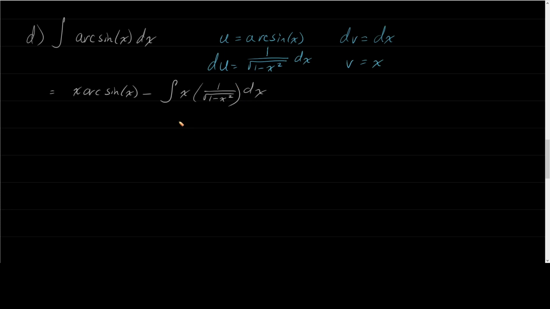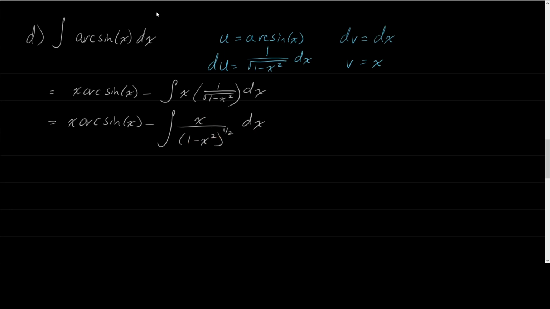And at this point, let's rewrite that integral. So I have x arcsine of x minus the integral of x over, and I write it as 1 minus x squared to the 1/2 dx.